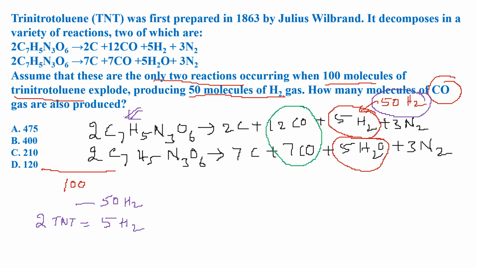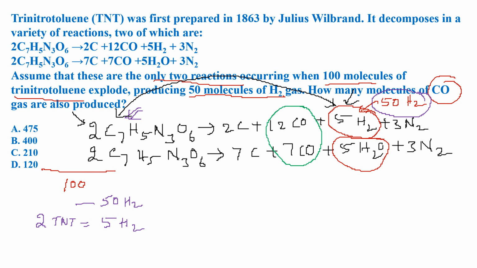This is the relation between H2 as well as TNT. Here 2 is there, so I am taking 2, and here 5 molecules. 2 molecules gives 5 molecules of H2.